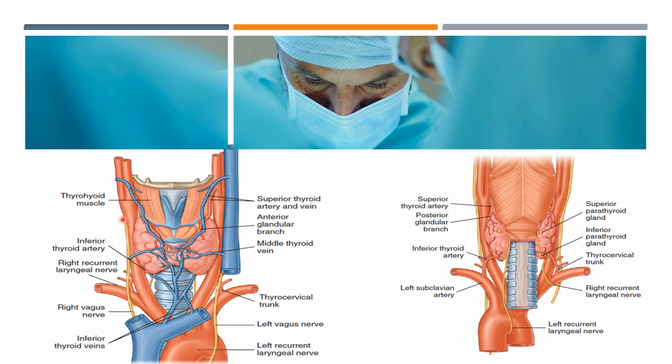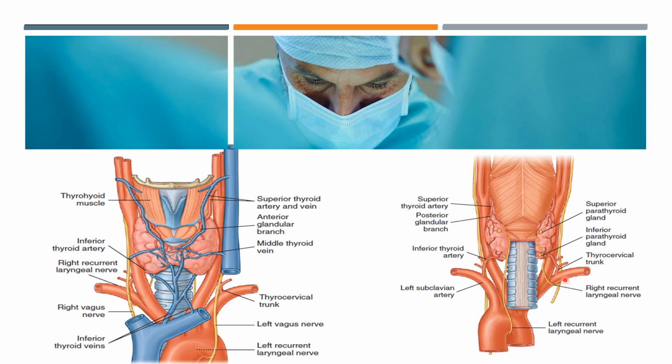Okay, you can also see here, this is the vagus nerve. When the vagus nerve descends in the neck, it gives a branch called the recurrent laryngeal nerve. The right recurrent laryngeal nerve hooks around the subclavian artery. Okay, and this nerve ascends in the back, as you see here.